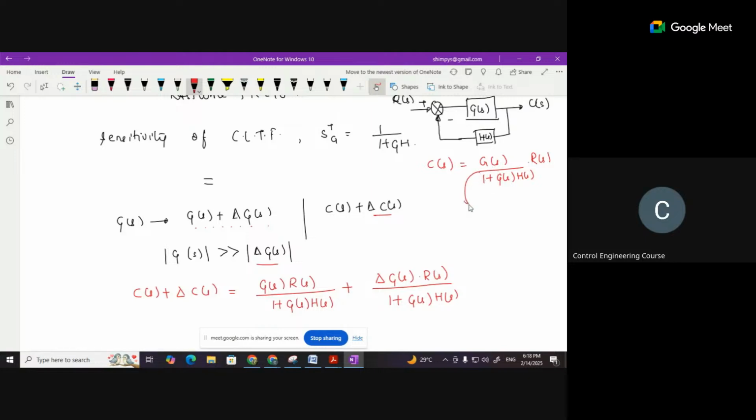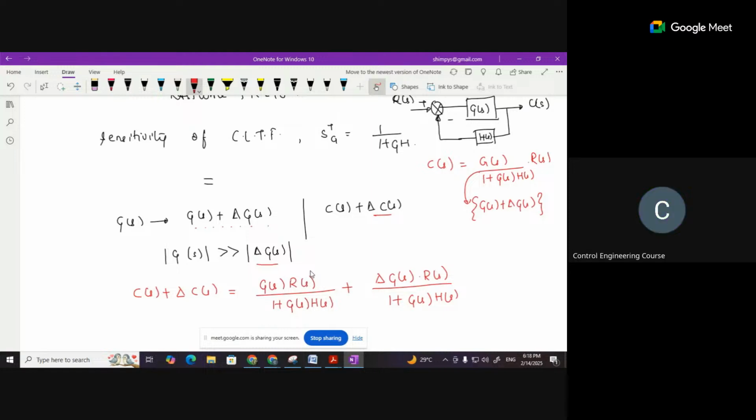One clarification. When GS is changed to GS plus del GS, that will also impact the denominator, right? In the denominator we have 1 plus GSHS.